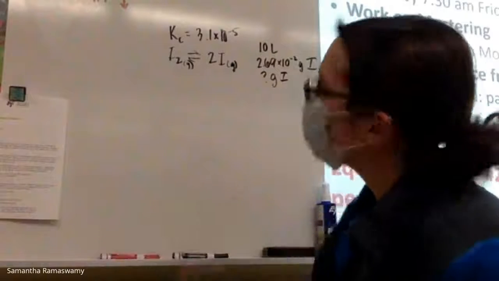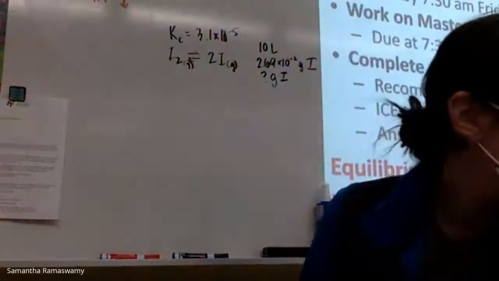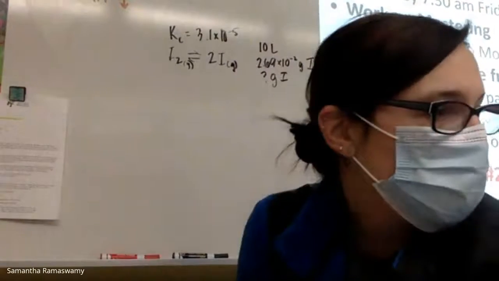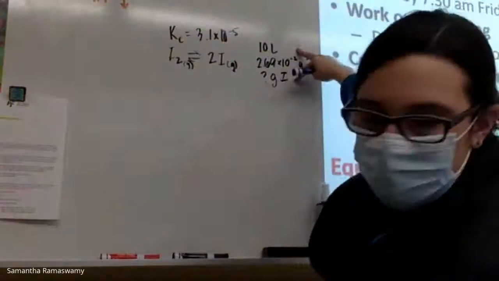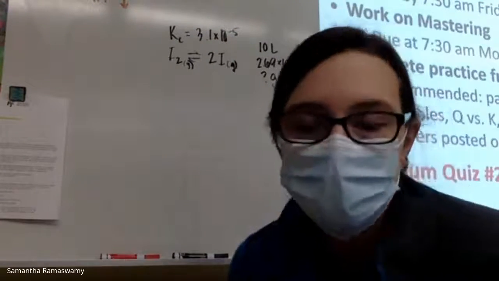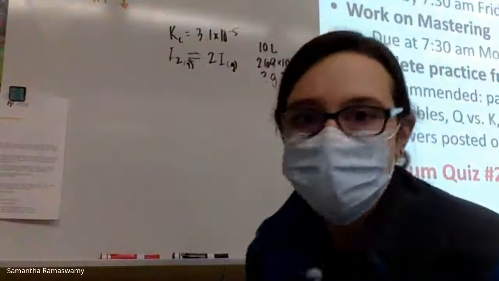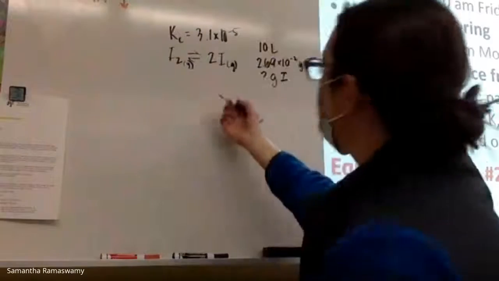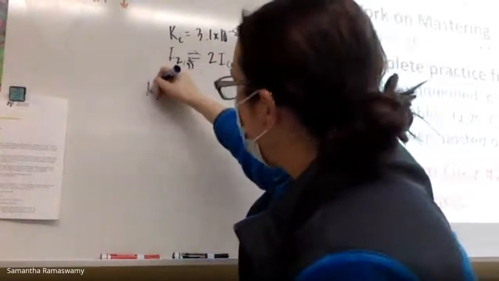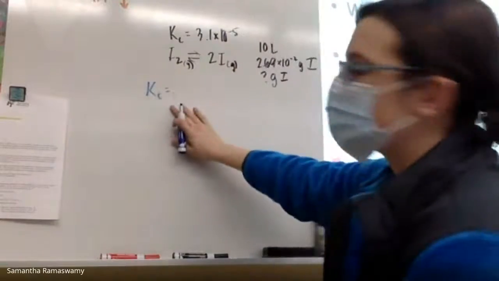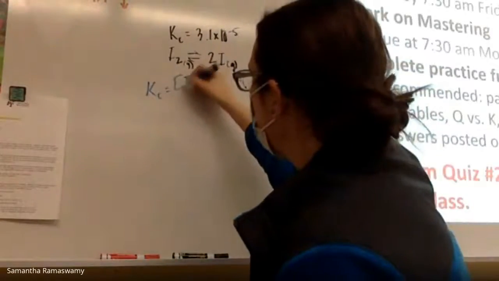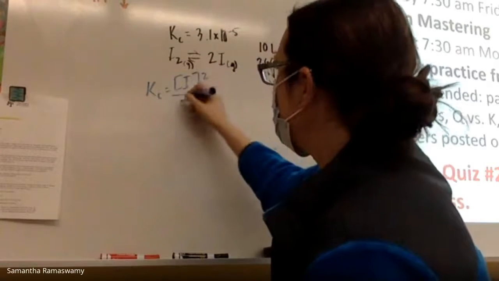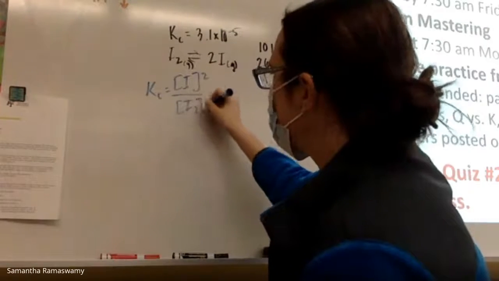If you're not sure where to start, it says an equilibrium mixture in a 10-liter vessel contains this much. So you're at equilibrium. There's no need for an ice table. We're at equilibrium, so I'm going to use Kc. The Kc expression, just write the expression first, is I squared over I2.